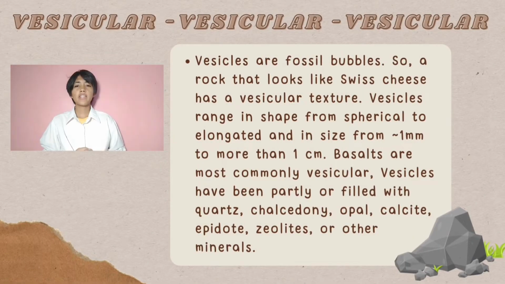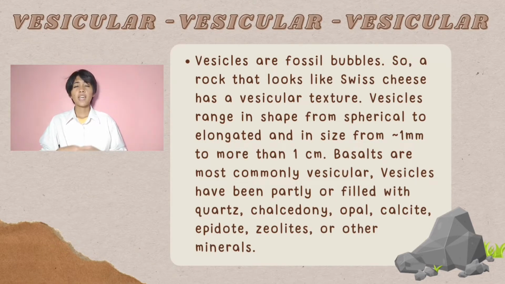So the next one is vesicular. Vesicular is fossil bubbles, a rock that looks like Swiss cheese that has a vesicular texture. So vesicles range in shape from spherical to elongated and in size from 1 millimeter to more than 1 centimeter.